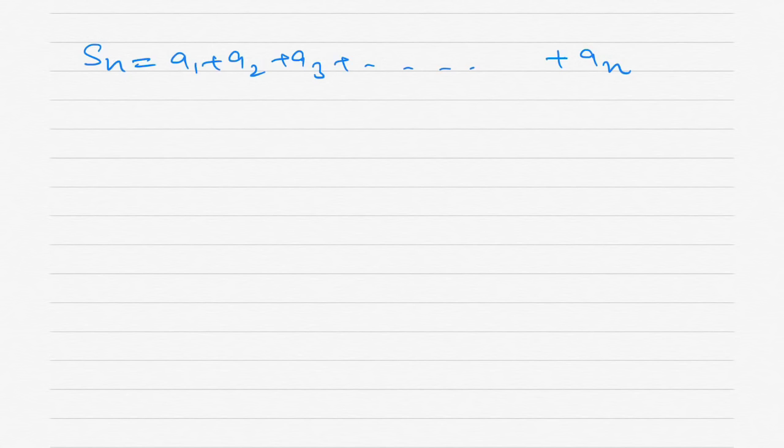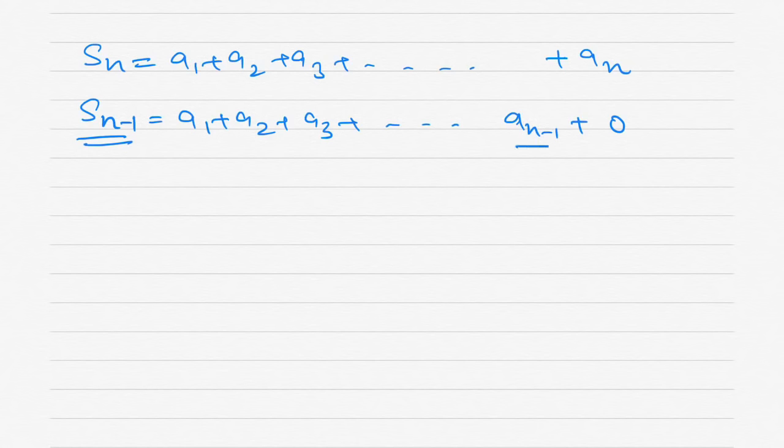So Sn is equal to a1 plus a2 plus a3 up to an. If I write the expression for Sn minus 1, it should be equal to a1 plus a2 plus a3 up to an minus 1, plus 0, because here it is Sn minus 1, the sum of the first n minus 1 terms, and in this also the previous term is an minus 1, the term previous to an.